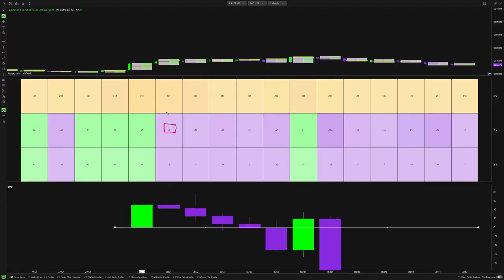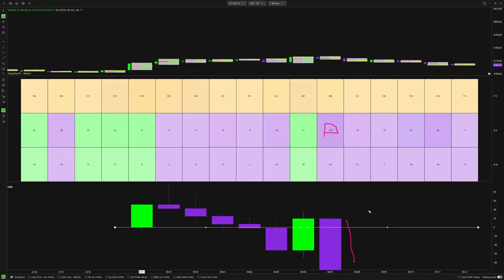If the delta of the following candle is -9, this will go -9. If there's a -126, the candle will be big and go -126, then +71.